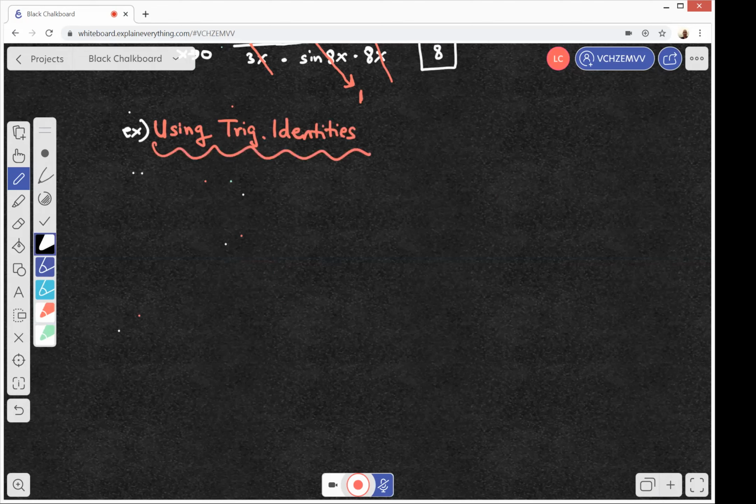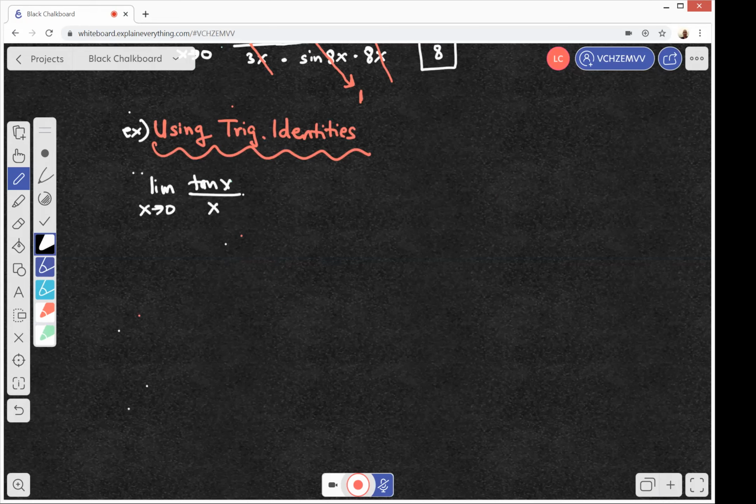Example: the limit of tan x over x as x approaches 0. So that's the limit of tangent x.